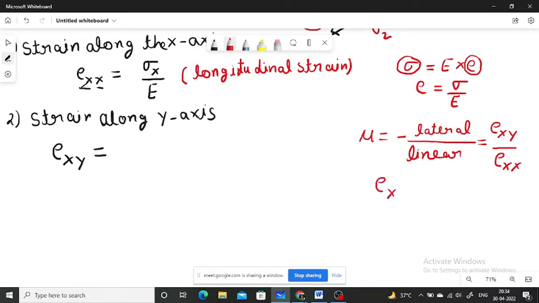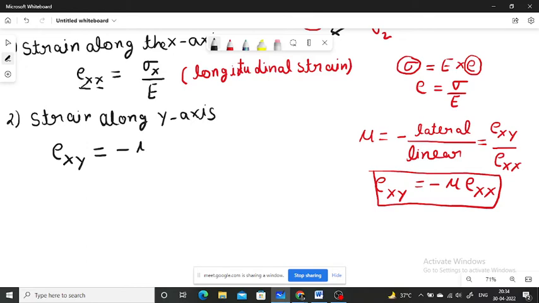So Exy will be equal to minus mu into Exx. The lateral strain is equal to minus Poisson's ratio into longitudinal strain. So minus mu into Exx, and Exx is equal to sigma x upon E. So Exy is equal to minus mu sigma x upon E. Okay, this will be the lateral strain.